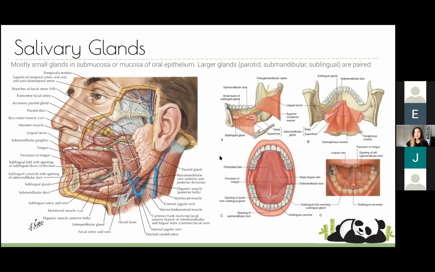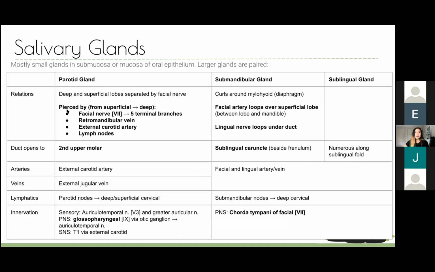These are salivary glands: parotid, sublingual, and submandibular under the mandible. Important relations of the parotid gland: it's pierced from superficial to deep by the facial nerve, which turns into the five terminal branches, the retromandibular vein, external carotid artery, and lymph nodes.